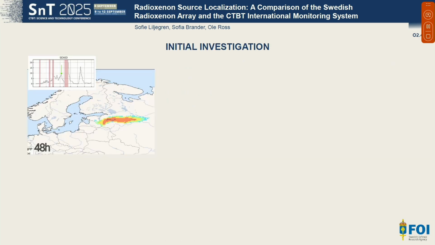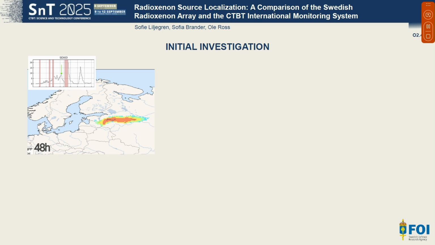So what we did when we started to investigate this event was some initial investigation where we looked at backwards atmospheric transport models from all of these samples. This is a snapshot of an ATM model, 48 hours from the time the sample was collected.